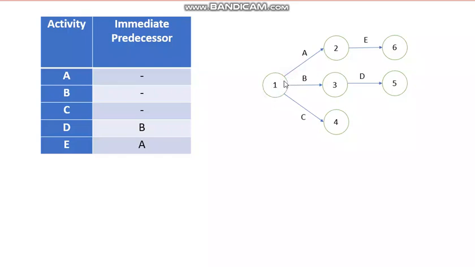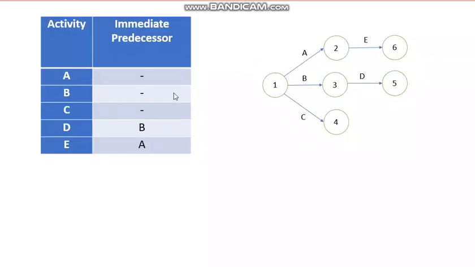So now you make a circle here and here. You can call them 1, 2, and between 1 and 2 is A, between 1 and 3 is B. You can construct the network diagram in this way. Actually this is not complete.